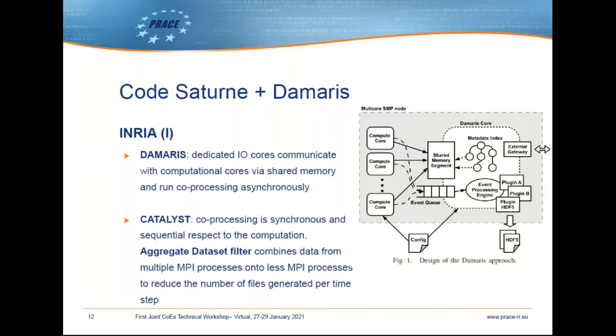So the idea is that the cores that participate in visualization are a part of the cores that participate in the computation, not different ones. And also you use MPI to communicate and not shared memory.